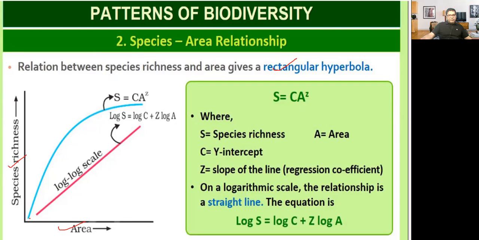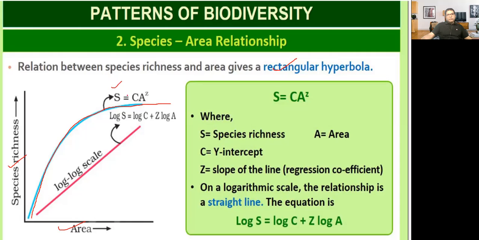If we study this graph, as area increases, species richness increases, but after some time, if we keep on increasing the area, there will be no increase in species richness. So a rectangular hyperbola graph is obtained.